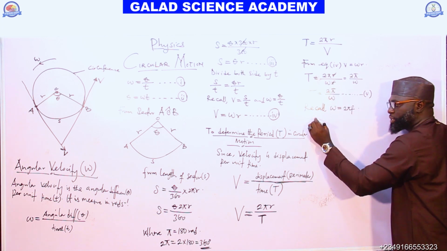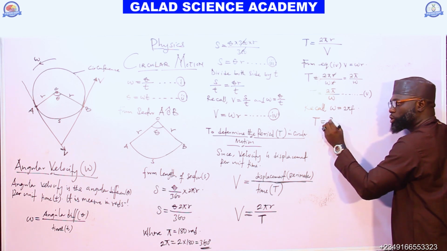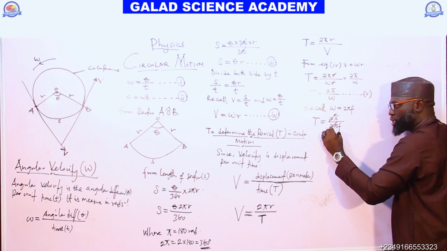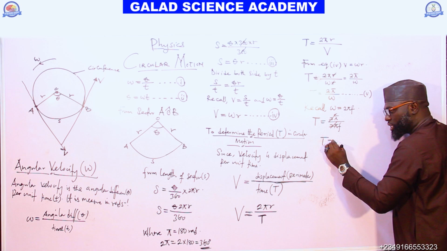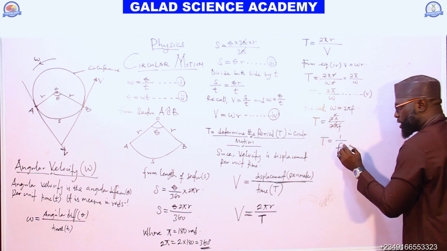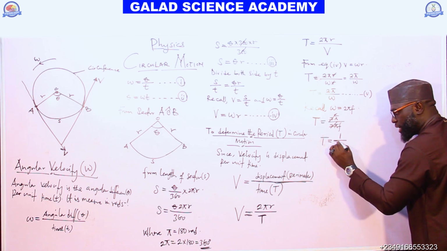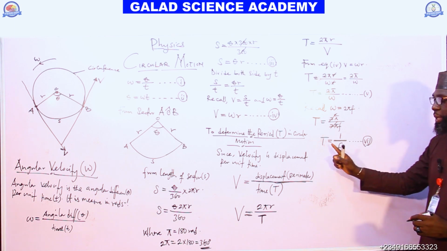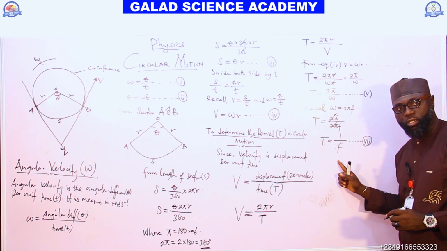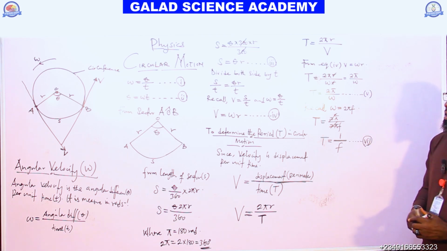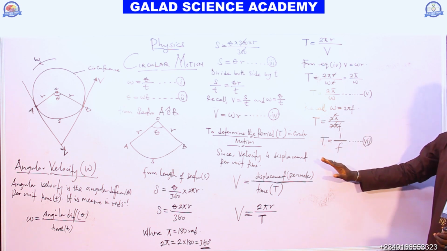Substitute for it here, you have period t equal to 2 pi over 2 pi f. This cancels each other. Then you now have t equal to 1 over frequency. So this is the formula for period in circular motion, equation 6. Our period is the reciprocal of frequency. That's the period in circular motion.